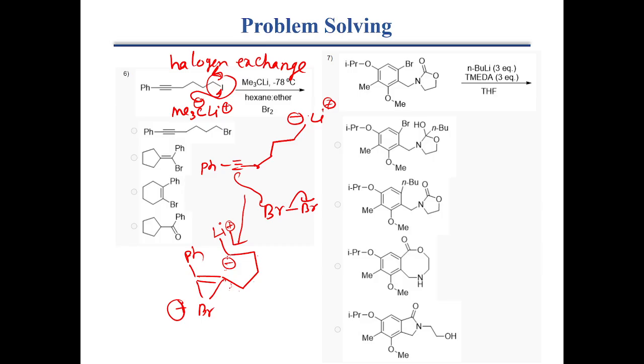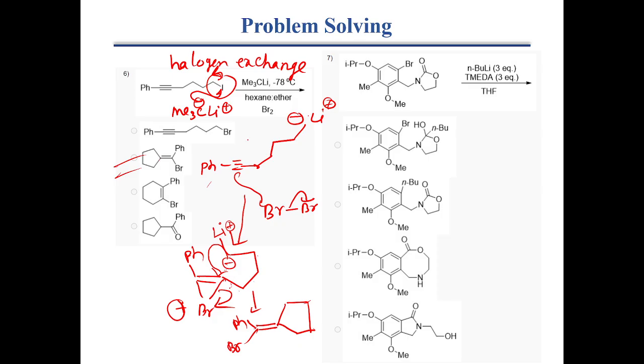Now this negative charge reacts with this bromonium intermediate and neutralizes this bromine. So this will give this 5-member ring with pH here. So after neutralization, this will come.